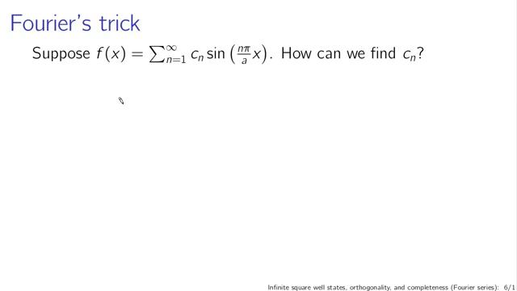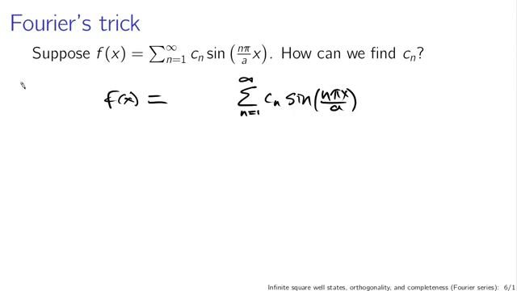And it turns out that you can do this pretty easily. What you do is take f of x, which is equal to the sum over n equals 1 to infinity of c sub n sine n pi x over a, and from the left I'm going to integrate both sides, but before I integrate them I'm going to multiply them by sine m pi x over a.